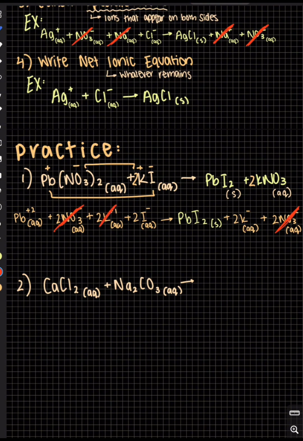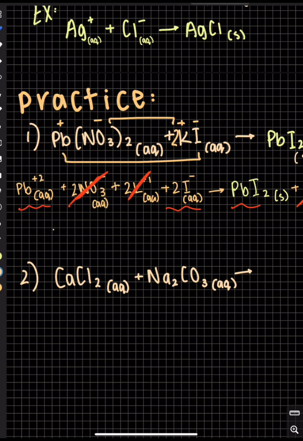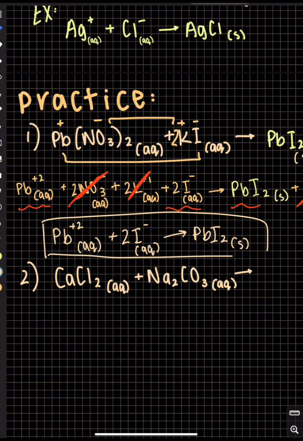There are 2 Ks here and 2 Ks here, which I can also cancel out. Our final answer is Pb 2+ aqueous, and don't forget the state either, plus 2 I negative aqueous, creates PbI2 as a solid, lead iodide. This is your final answer.